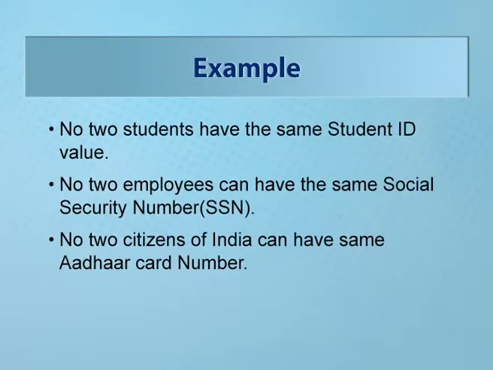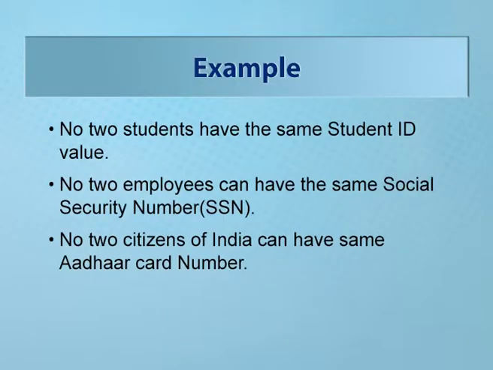So, in this way you can enforce the integrity constraint in the tables. Or take another example: no two employees can have the same social security number. Each and every employee will have only one social security number.